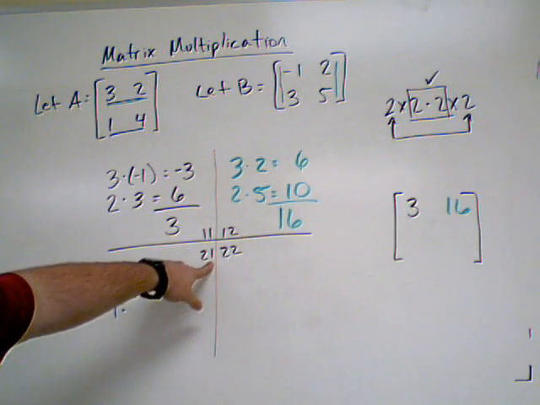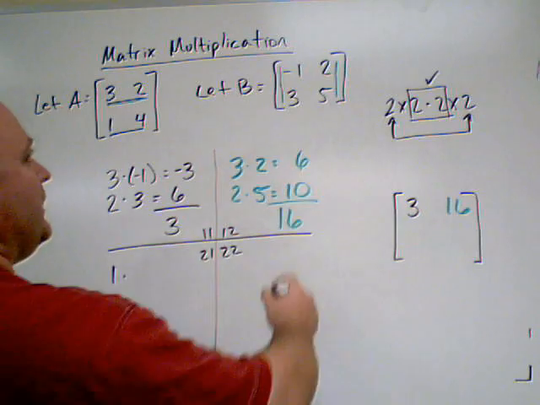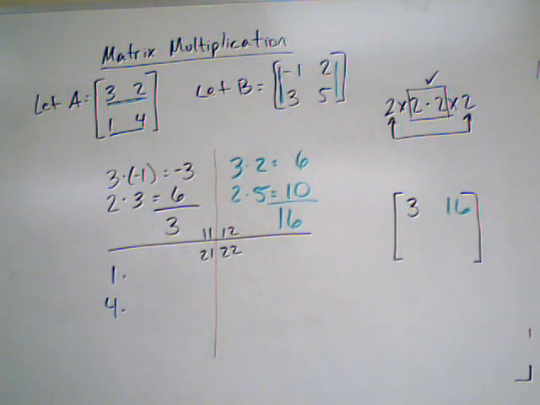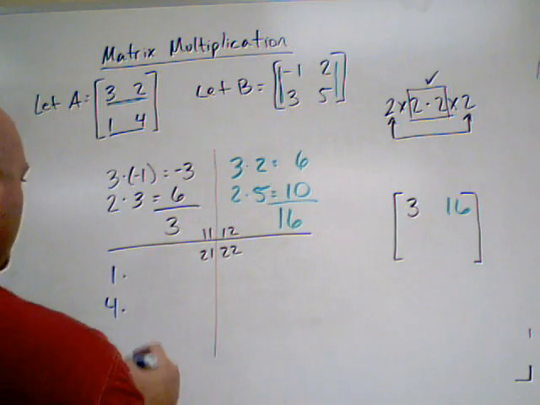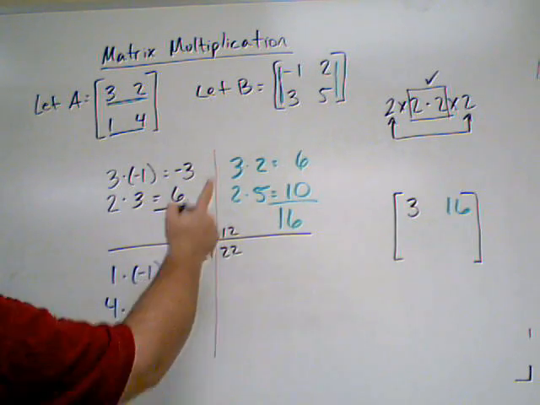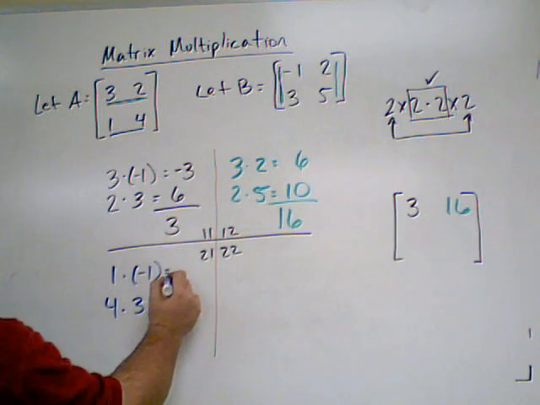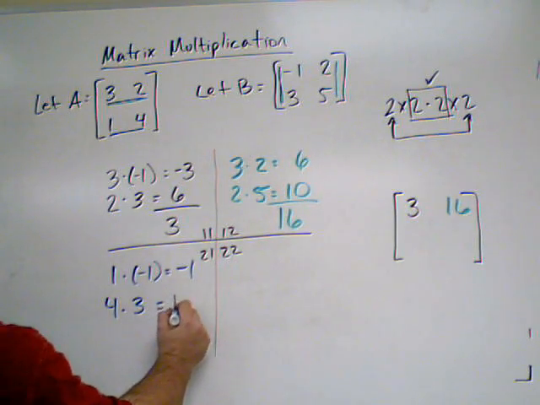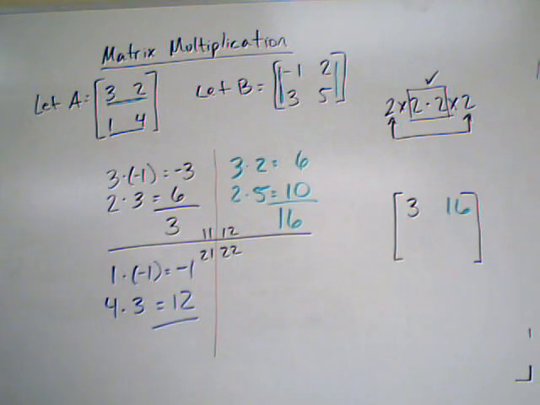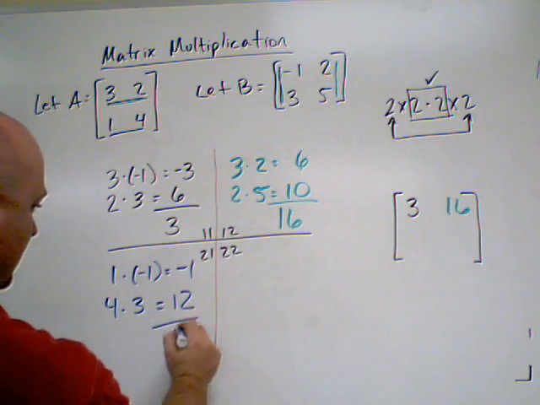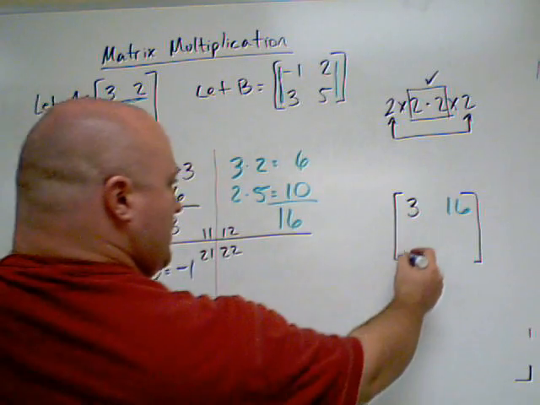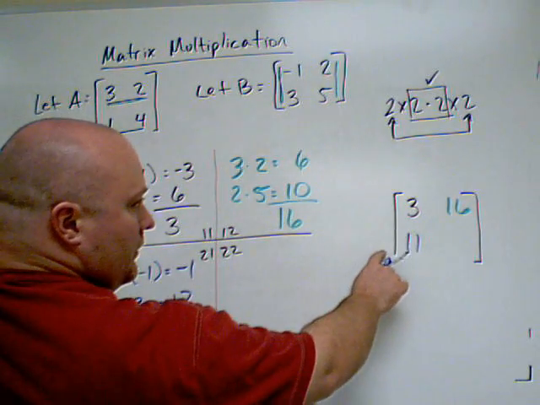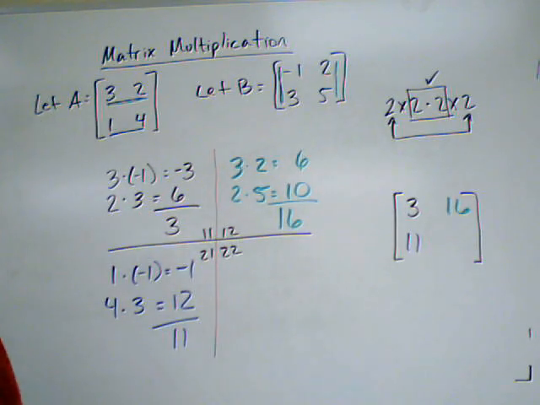We're going back to column 1 in matrix B, so we use -1 again and 3. 1 times -1 is -1. 4 times 3 is 12. We add those two together and get 11. So entry 2,1, row 2, column 1, is 11.